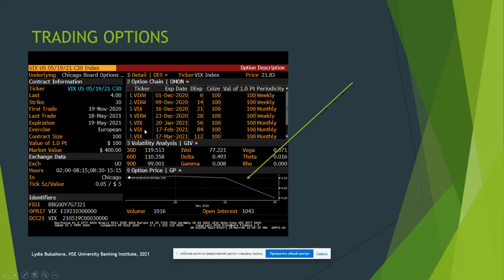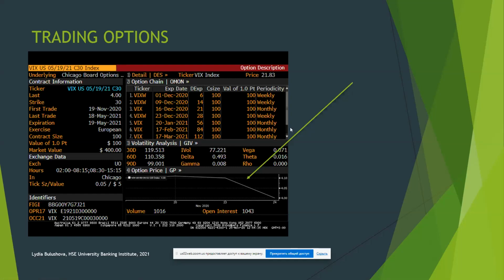Contract size. That's important. Periodicity of options. So here we've got breaks. We're going to talk about breaks at the end of the course, but breaks are critically important to an options trader. So that's how a call option on an index looks like in Bloomberg and what route info is provided.